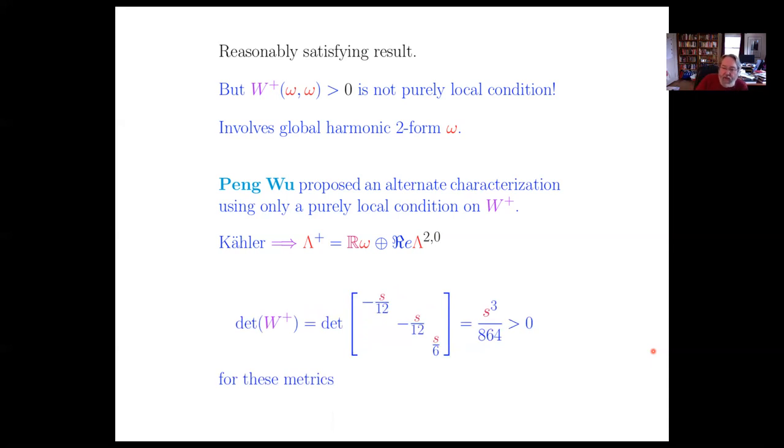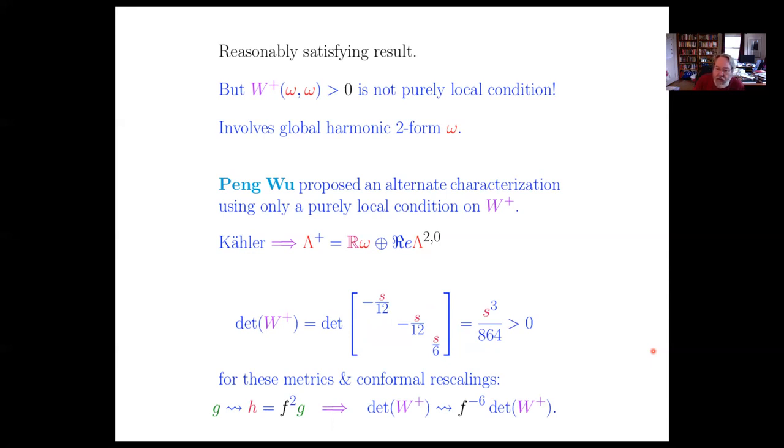This holds if you have a metric which is conformally related to a Kähler metric of positive scalar curvature. And of course, this is a conformally invariant condition. If you multiply the metric by a function, it just multiplies the determinant of W plus by a power of that function.